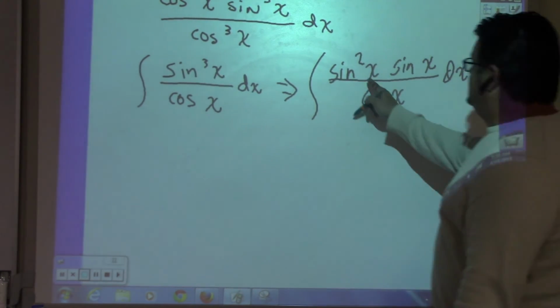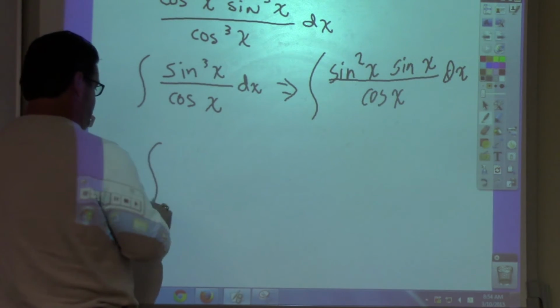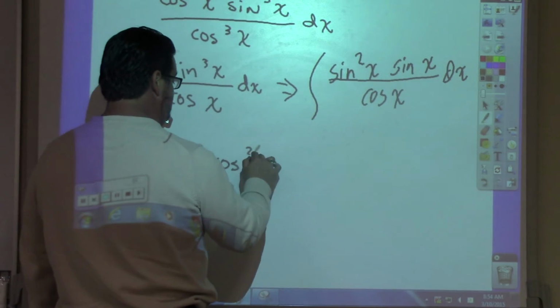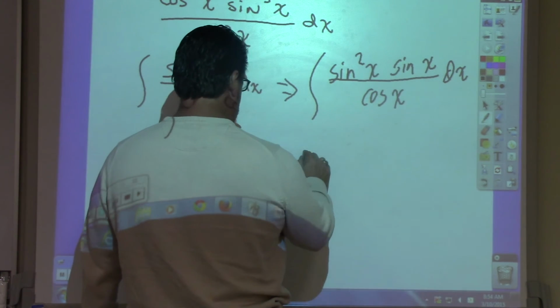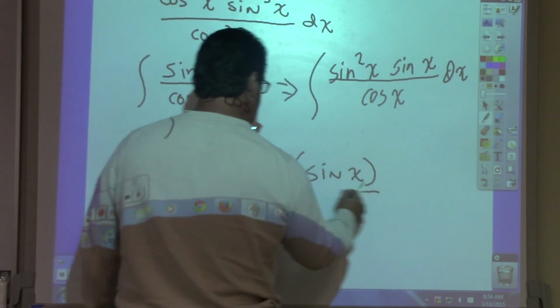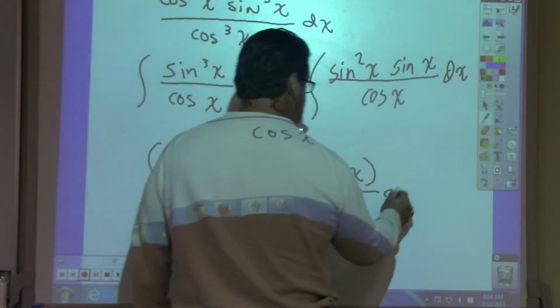So we could rewrite this as 1 minus the cosine squared. So the antiderivative of (1 minus cosine squared of x) times sine of x over cosine of x dx.